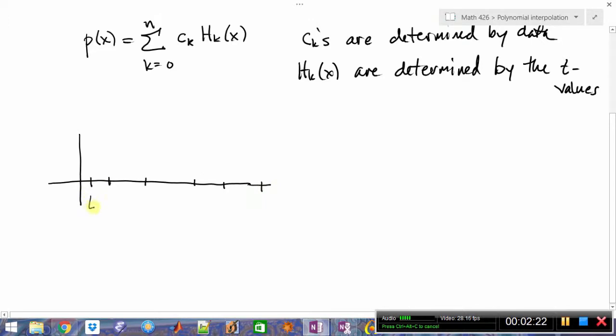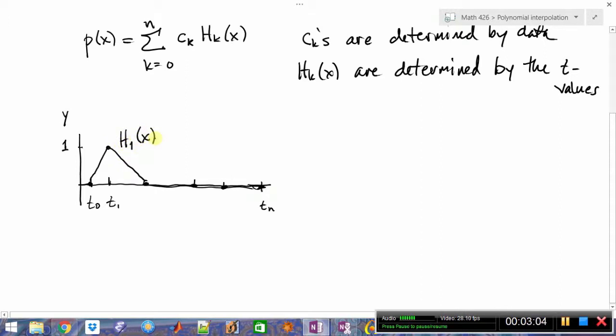So here are our t-values. This is the y-coordinate. So if we have the value 1 at one of the nodes, and then 0 at all the other nodes, so 0 at all these nodes, in fact, this would be the function h1 of x.